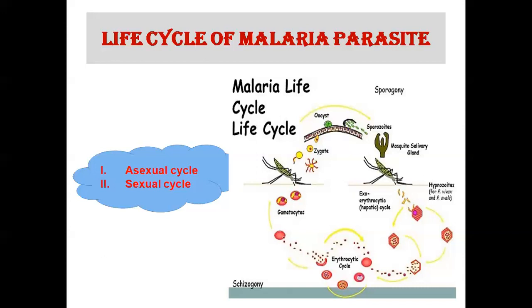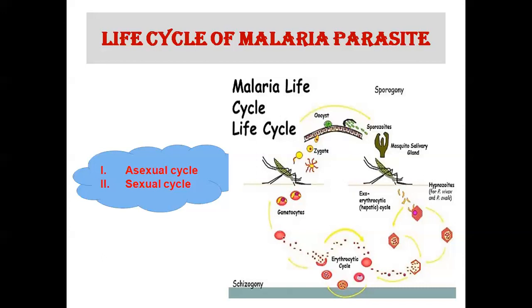The merozoite enters the red blood cell and multiplies, and then it ruptures the red blood cell and releases more and more merozoites. Because of this, the fever of malaria occurs. That means when the red blood cell ruptures because of the release and multiplication of merozoites, it leads to fever.